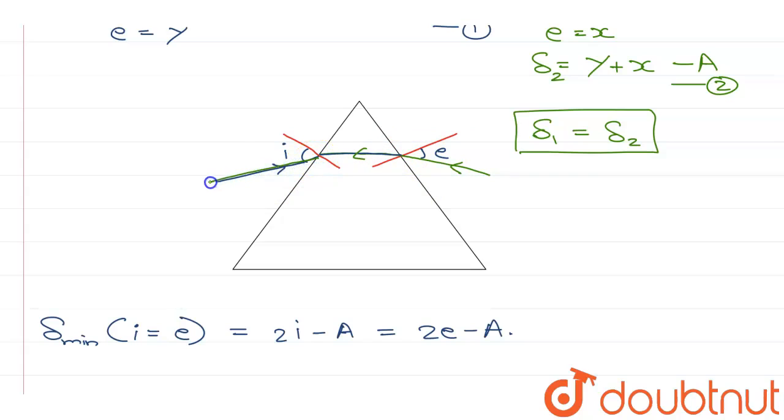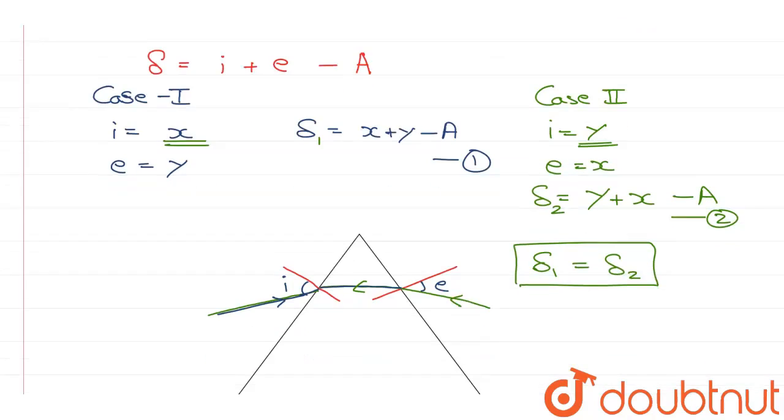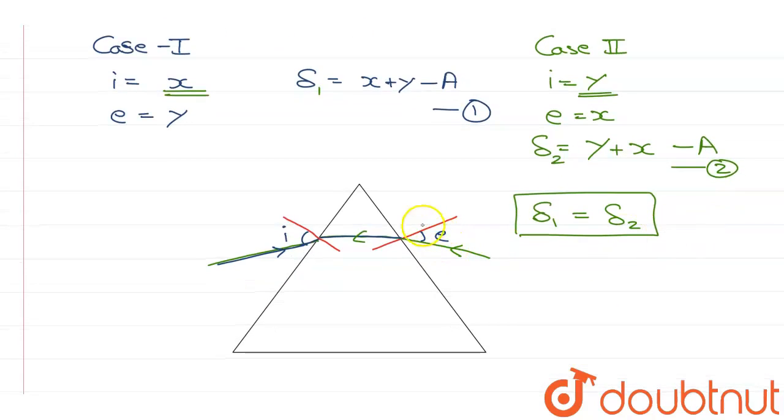Therefore, in our particular example, it will come out with an angle of emergence equal to the initial angle of incidence. So this is basically the principle of reversibility of light. And as we just saw, if we apply this principle to a prism deviating an incident ray, it basically interchanges the angle of incidence with the angle of emergence.